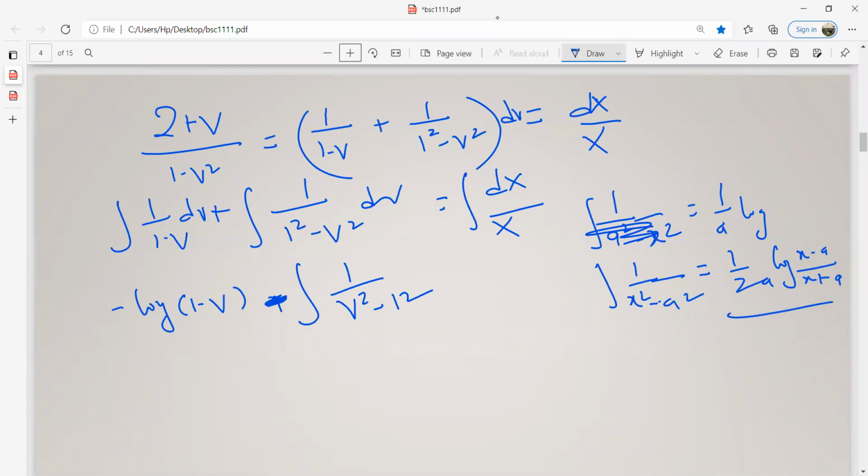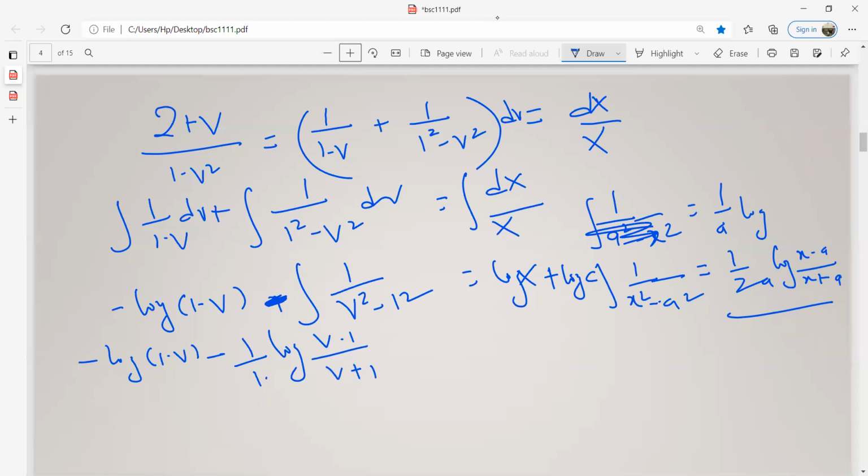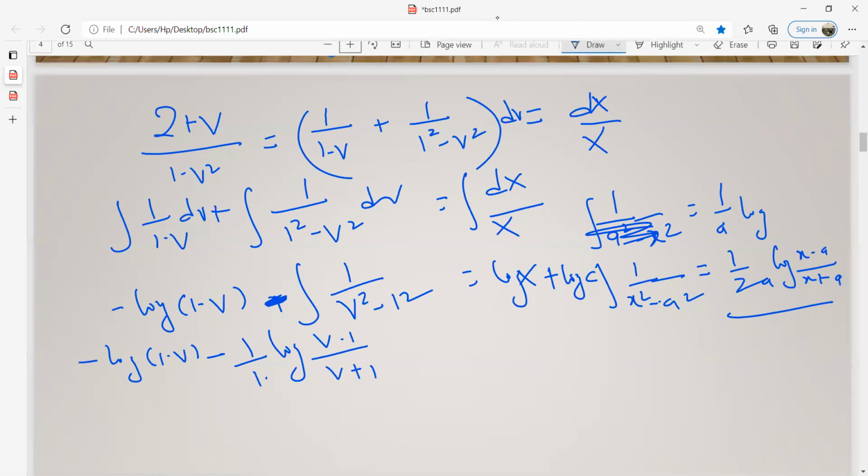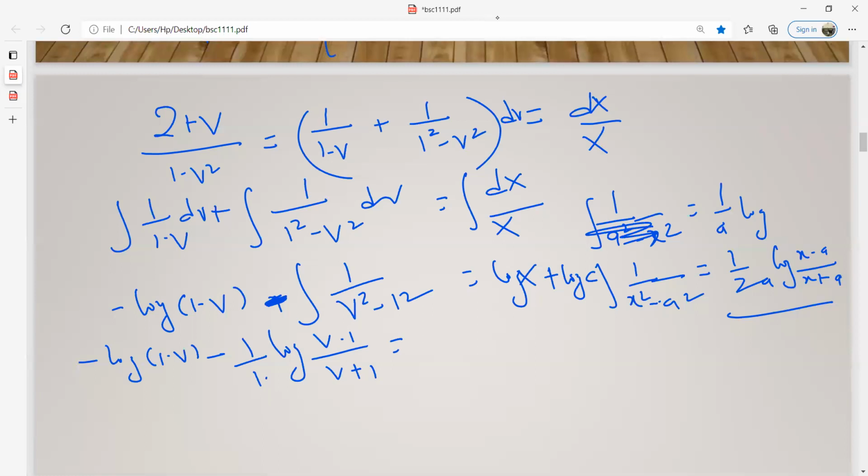Using this formula here, and here is log capital X, also taking the constant log c. So here is minus log of 1 minus v, and here also minus 1 by 2 log of v minus 1 divided by v plus 1, and here the log a plus log b formula is used. So we directly take log of capital X into c.